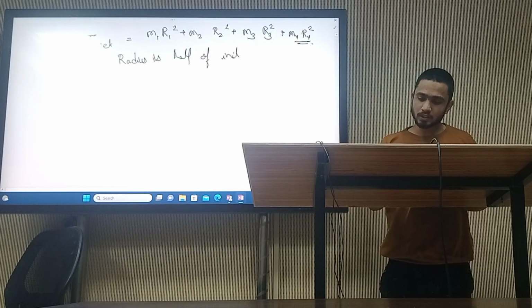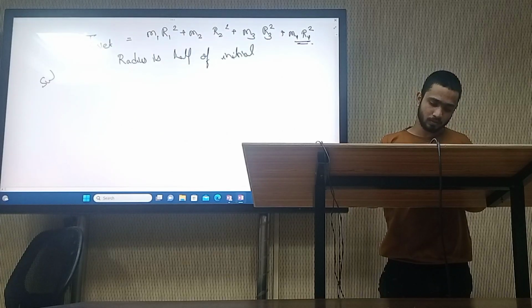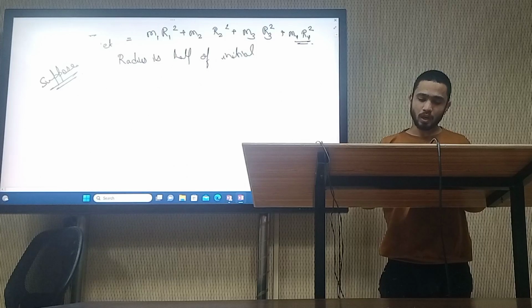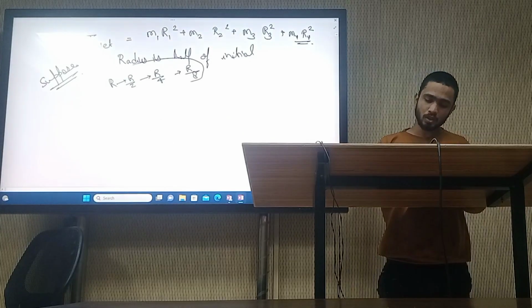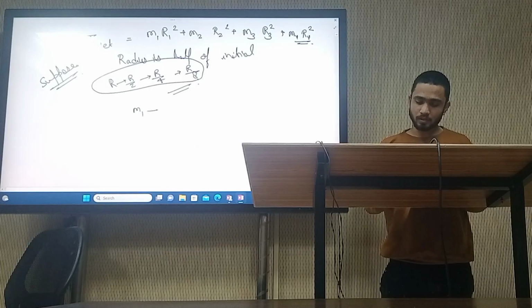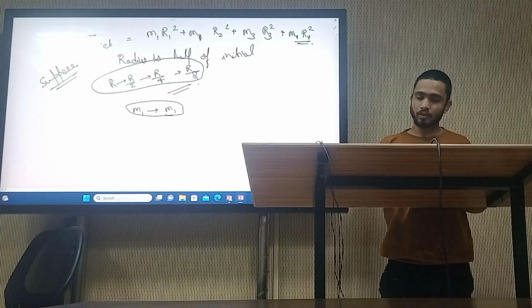Suppose it is given that the radius keeps becoming half of the previous one, to simplify the question: r, then r by 2, then r by 4, then r by 8.